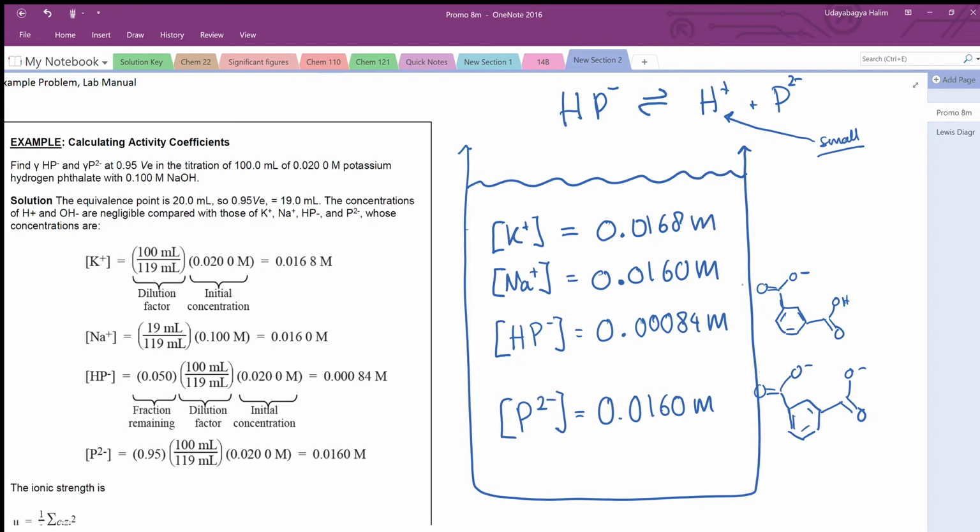So you're going to have less than 1% of 0.0084 molar, which is going to be pretty tiny. So for simplicity, we're just not going to calculate it. Although if you want, you can put it in there, but we don't have to, because it's going to have like 2 more zeros behind the decimal point.